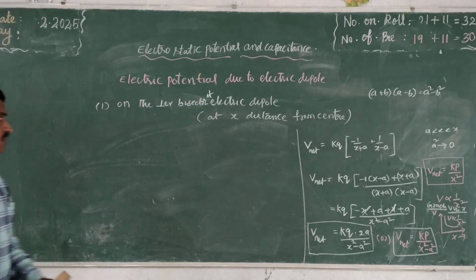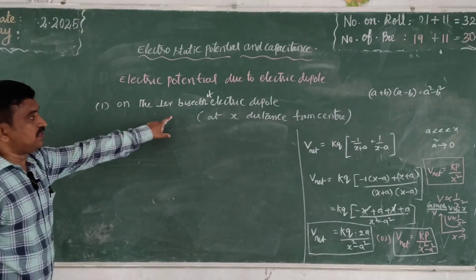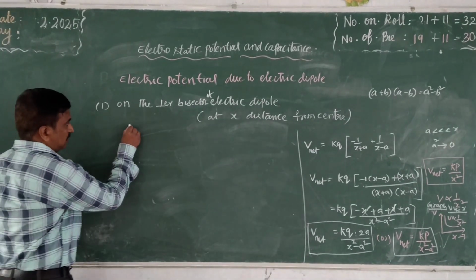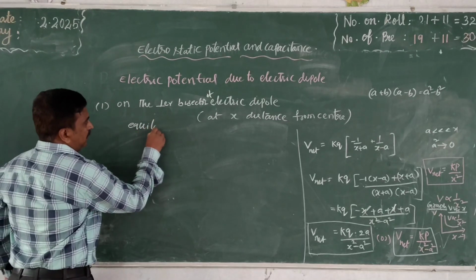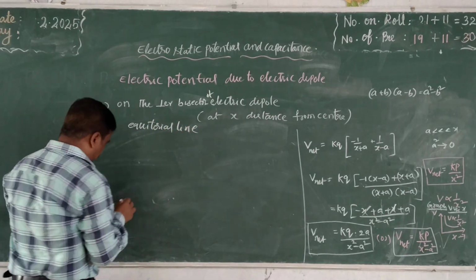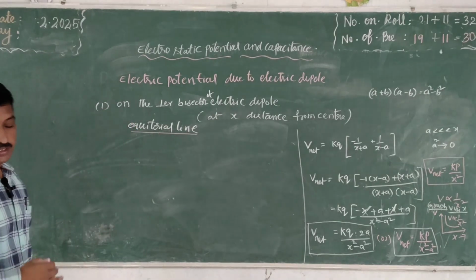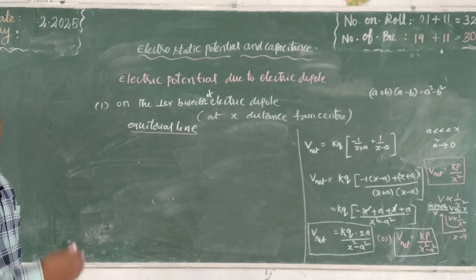Before, we discussed the axis of the electric dipole; now the perpendicular bisector of the electric dipole, which we call the equatorial line. The equatorial line means the line which passes through the center and is perpendicular to the axis of the electric dipole.